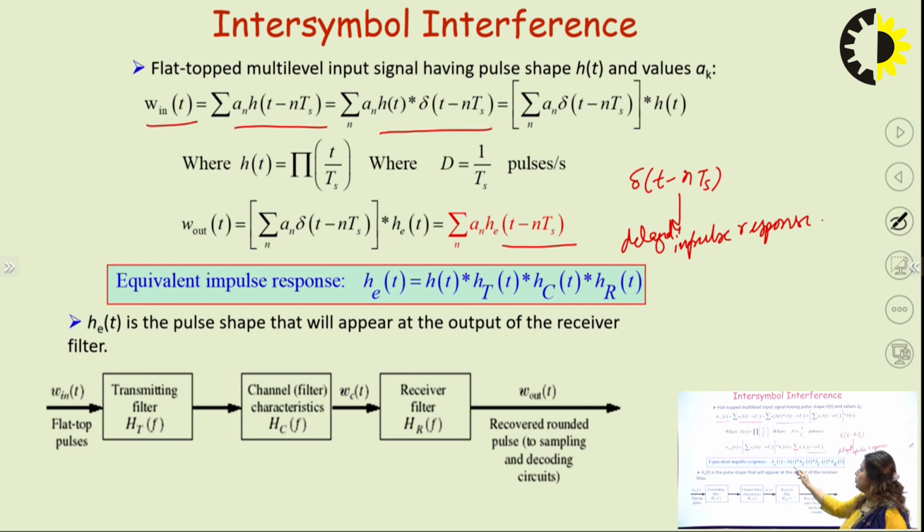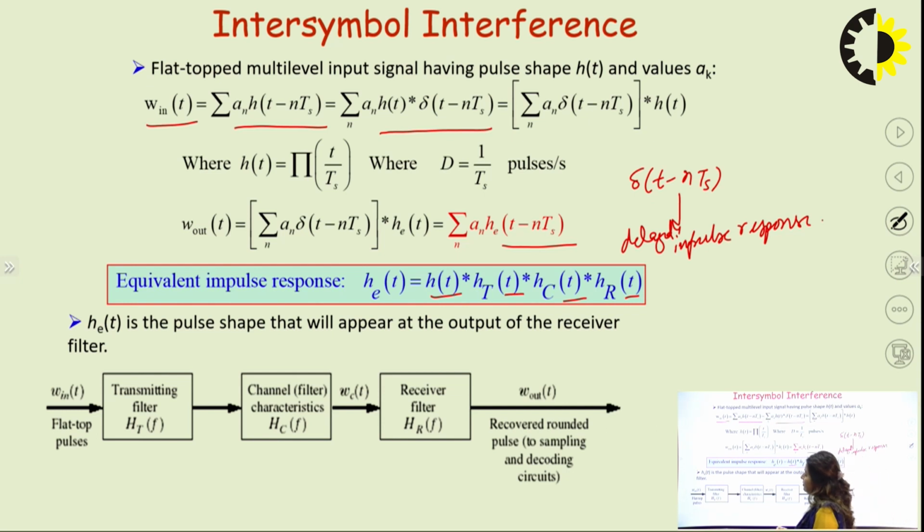So the equivalent impulse response h_e(t) has several factors here. First is the input pulse impulse response h(t). Second is the transmitter impulse response h_T(t). Then the channel impulse response h_C(t), and then the receiver impulse response h_R(t). Here there is a diagram showing the first filter, the transmitting filter, which has a frequency domain response H_T(f), then the channel filter characteristic H_C(f), then the receiver filter characteristic H_R(f).